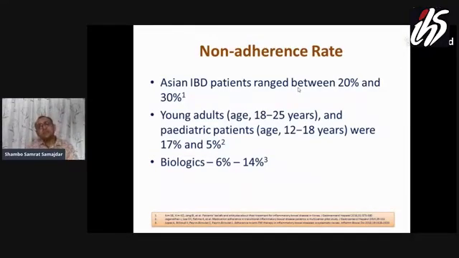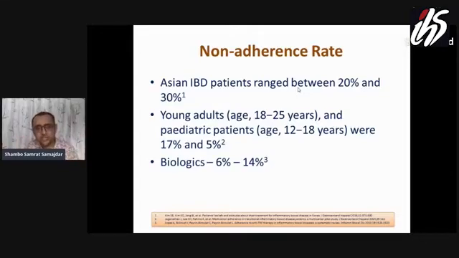Now coming to inflammatory bowel disease and non-adherence rate. It has been seen in Asian IBD patients that non-adherence is 20% to 30%. Among young adults and pediatric patients, the non-adherence rate is around 17% in young adults and 5% in pediatric patients. So pediatric patients have less non-adherence, so they are more adherent. There is an obvious reason for that, we all understand.